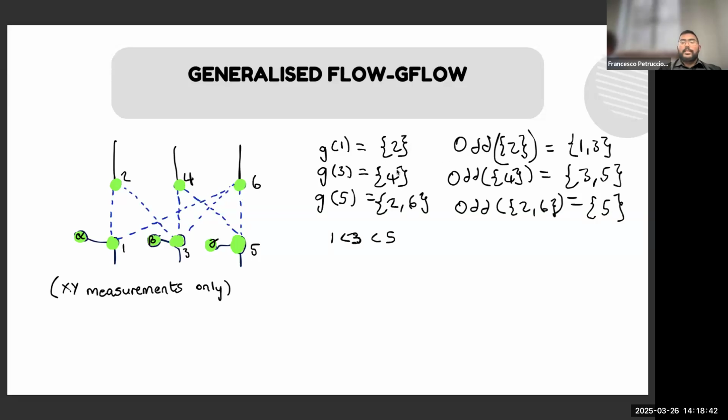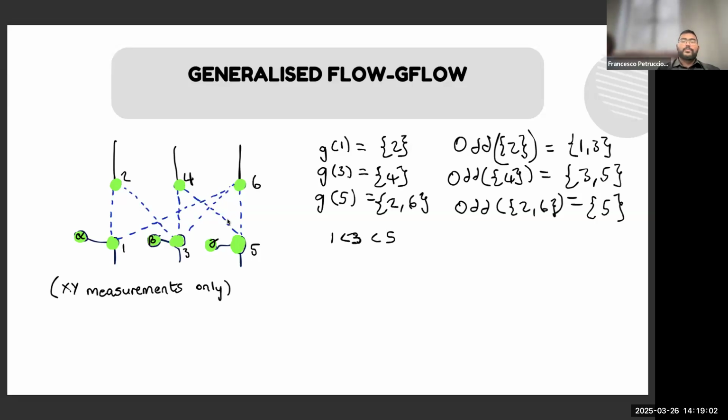And for these correction sets, what are the odd neighborhoods of these correction sets? So the odd neighborhood will be precisely the vertices in my graph that are connected to an odd number of vertices in the set here.